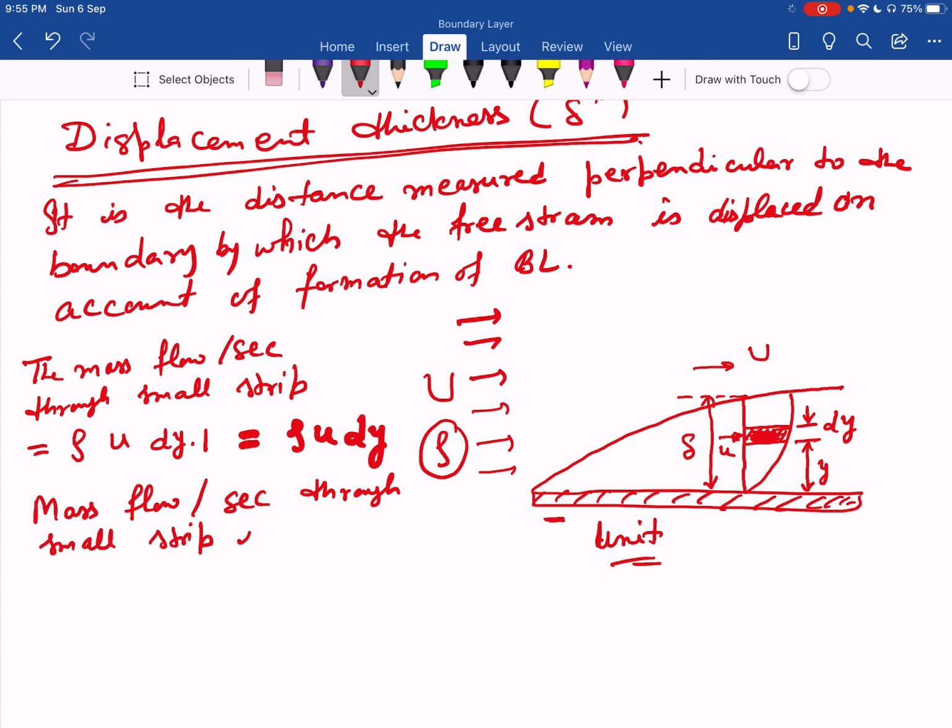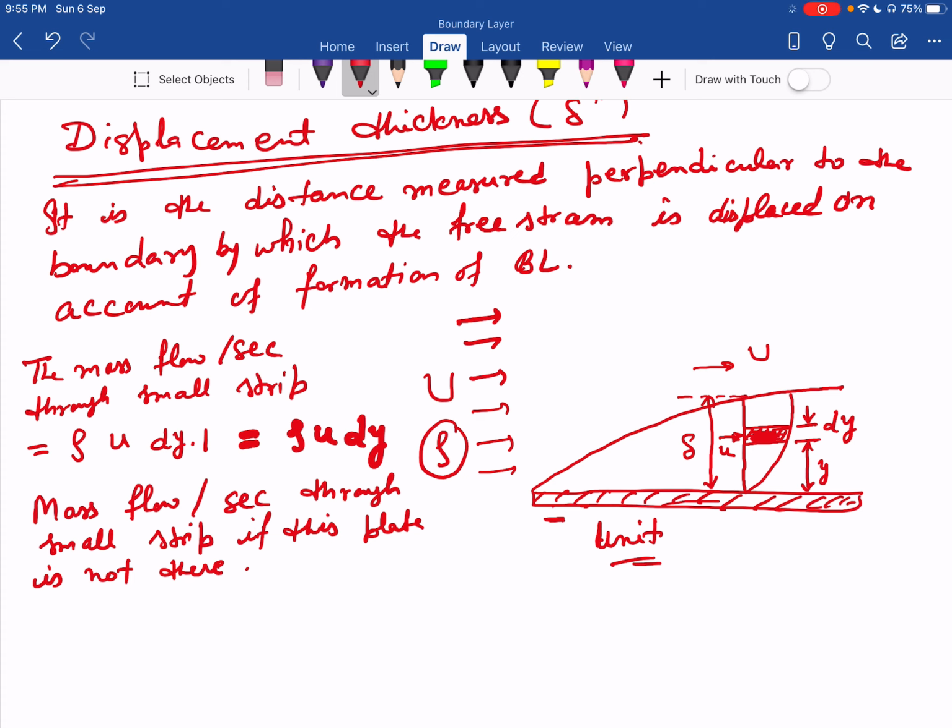Okay, if this plate is not there, then what happens?